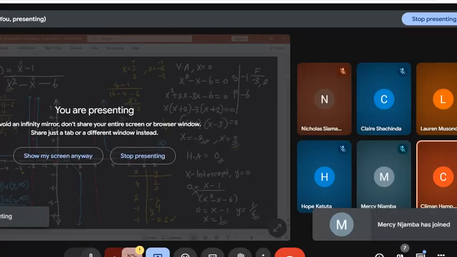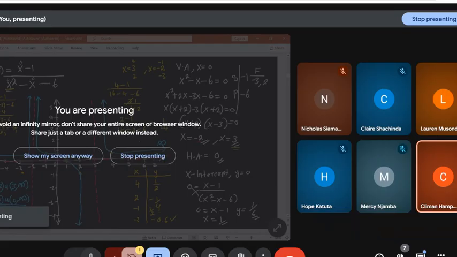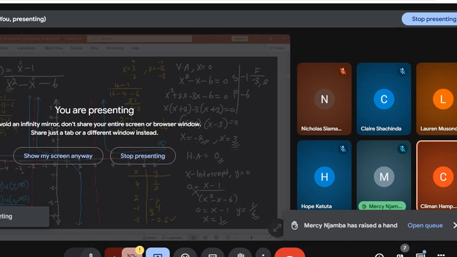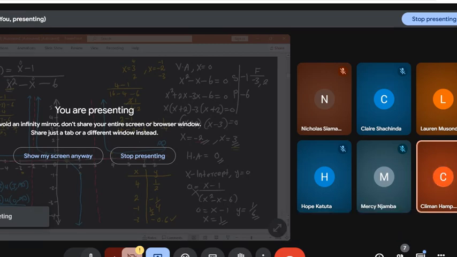Guys, any question? Thumbs up if it's clear. Yeah, you can ask a question. Messi, you have a question? No, I don't have a question. Okay.